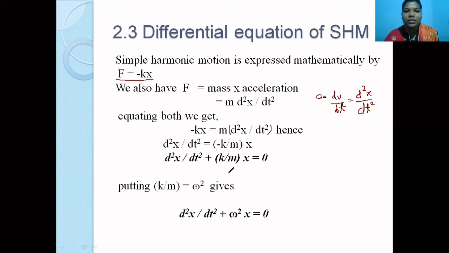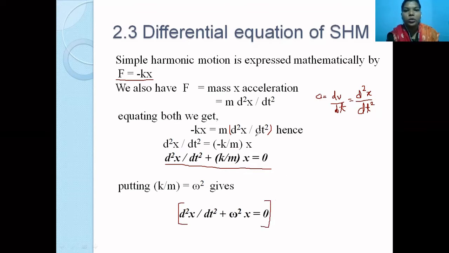Taking that to the left hand side, I get d2x by dt square plus k by m into x is equal to 0, which is nothing but the equation of motion of simple harmonic motion, or the differential equation of simple harmonic motion. Putting k by m equal to omega square, I get d2x by dt square plus omega square x is equal to 0. So this is the differential equation of simple harmonic motion.